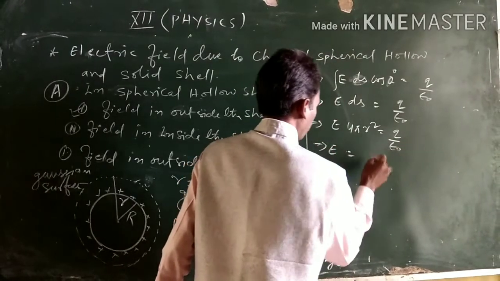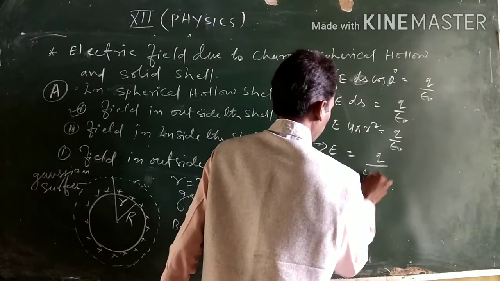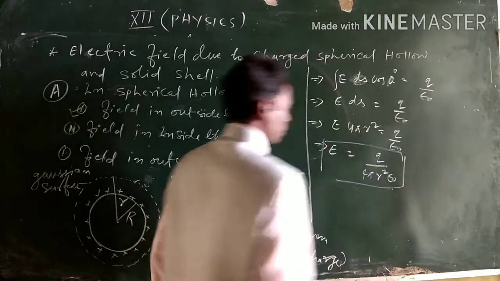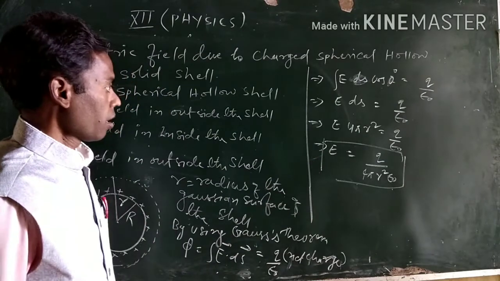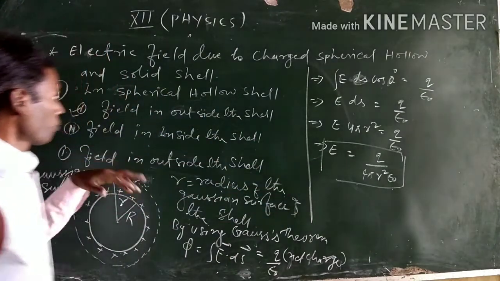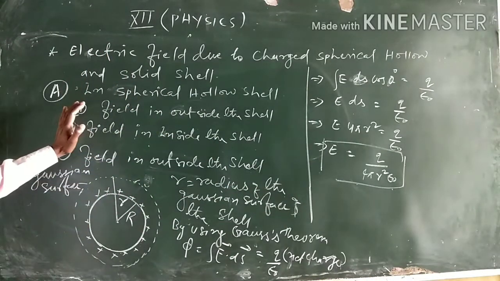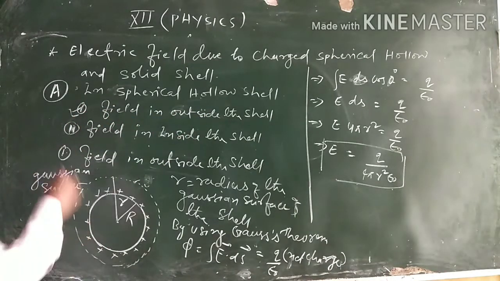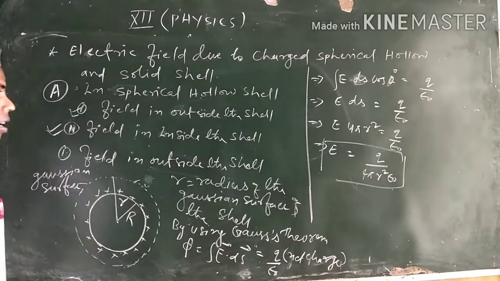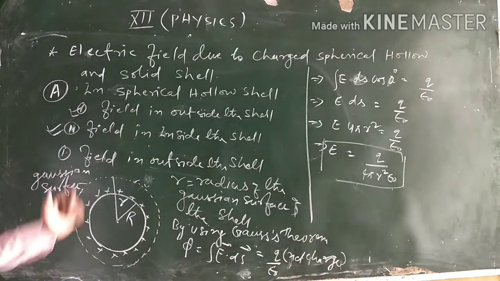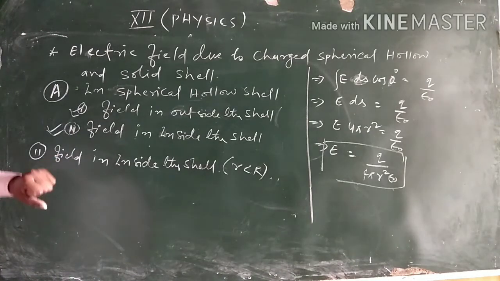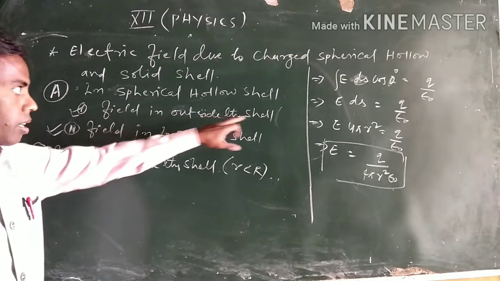Then E is equal to q divided by 4 pi r square epsilon naught. This is the final result for this shell when we are finding the field outside the shell.